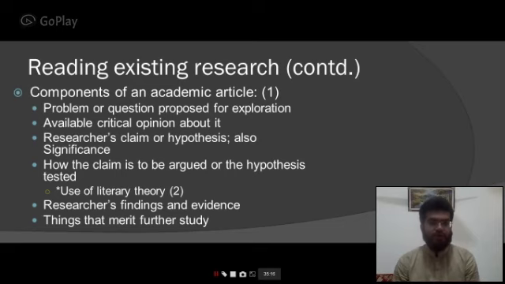Next, he talks about how the claim is argued or the hypothesis tested. Here he guides you about the methodology and approach he has used in order to substantiate and strengthen his claim, his argument, his hypothesis.